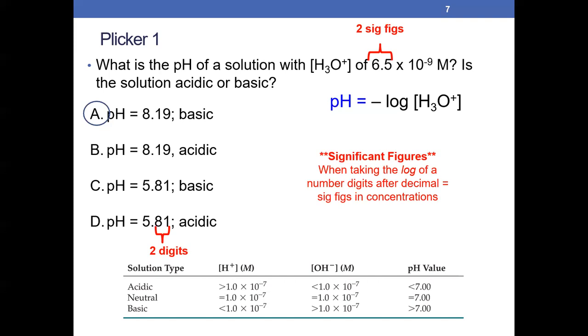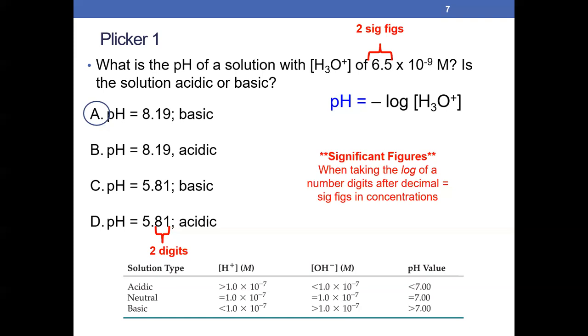If we're taking either the log or the natural log of something, we express that as the number of decimal places. So since we have 2 sig figs in our concentration, we're going to have 2 decimal places, to the 100th place in our pH calculation.